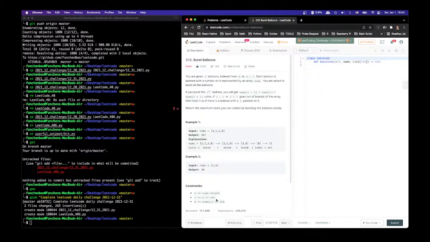How do I dp this stuff? What do I even cache, right? I don't even know what to cache.